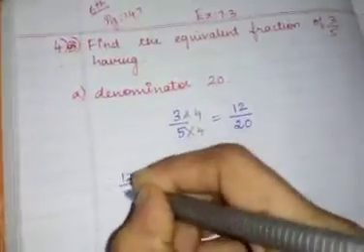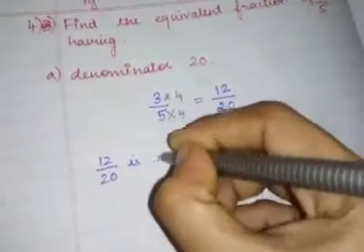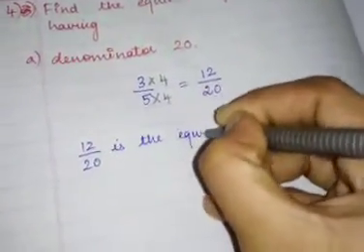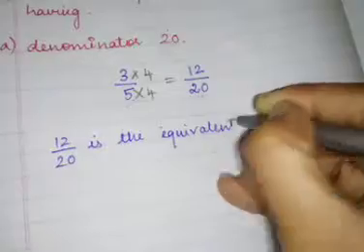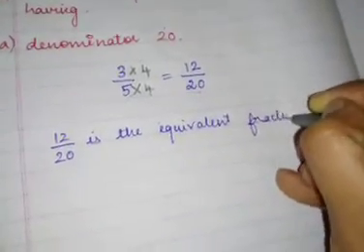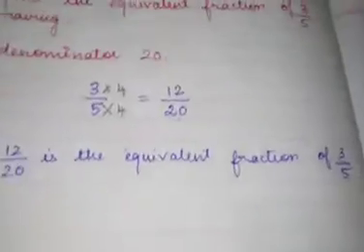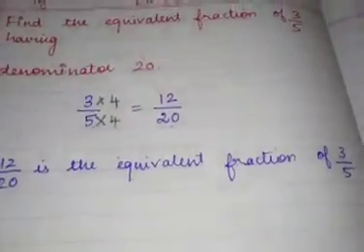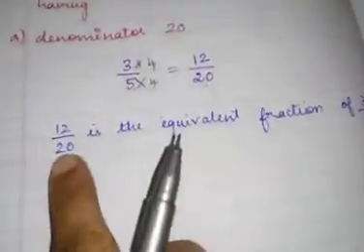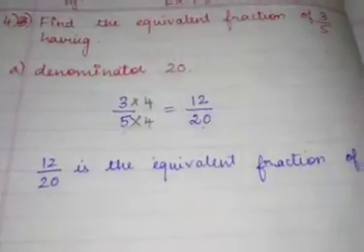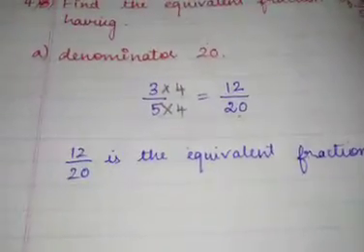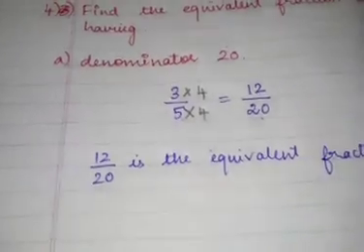So 12 by 20 is the equivalent fraction of 3 by 5 with the condition that our denominator should be 20. Okay, what is the next question, children?